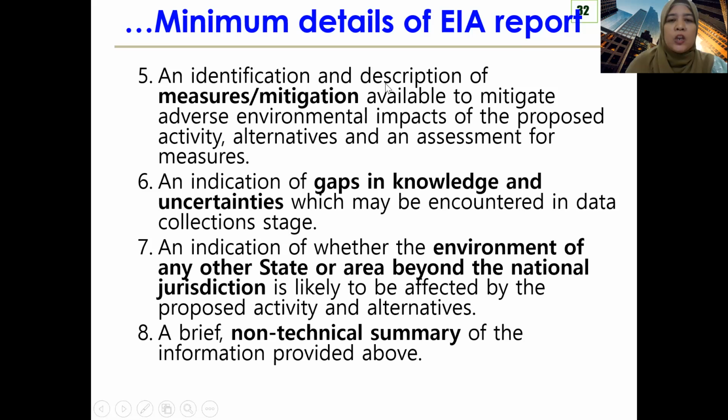Number 5, identification and description of measures or mitigation available to mitigate the adverse environmental impacts of the proposed activity, alternatives, and assessment of measures. So tadi the impact, now the mitigation punya factors or mitigation measures.